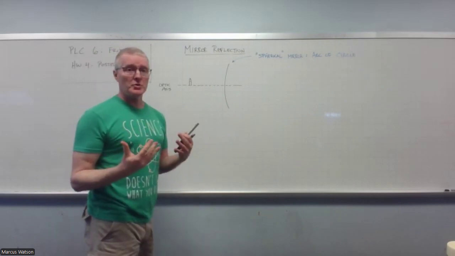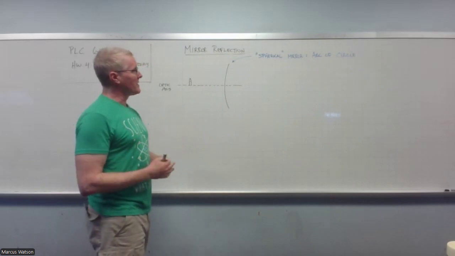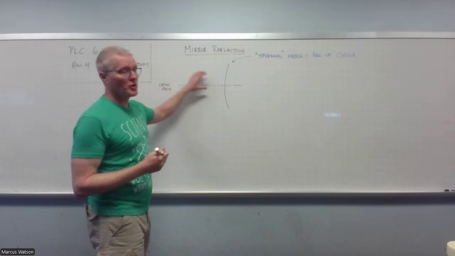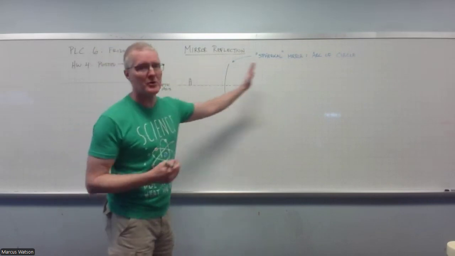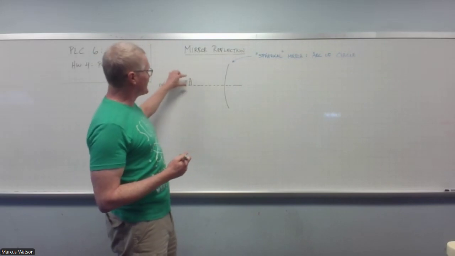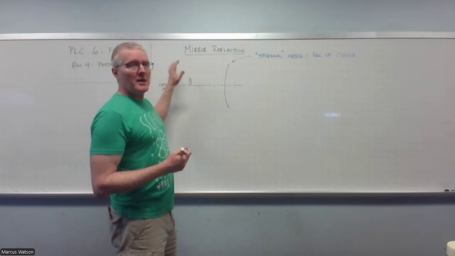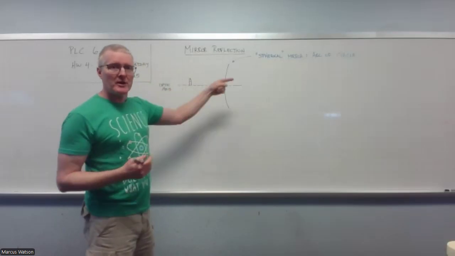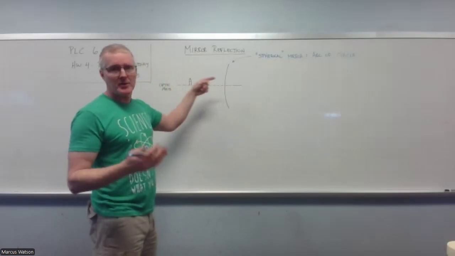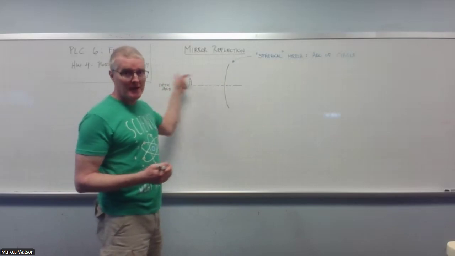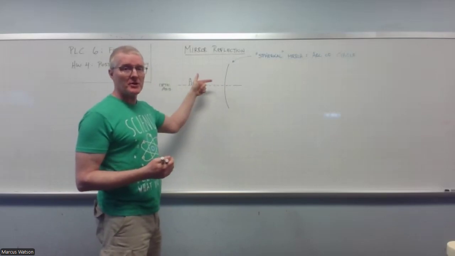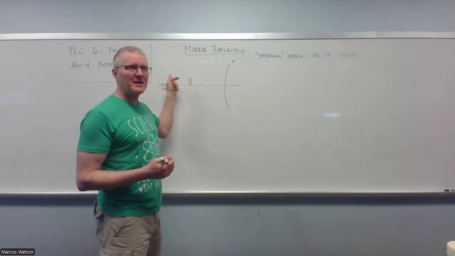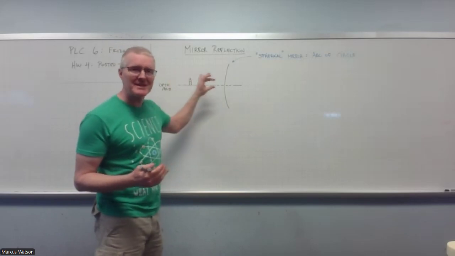What we're going to do is assume that the curvature has a big radius, okay? And we're going to assume this height is fairly small so that the rays of light emitted by this thing that we're going to draw hitting the mirror can be imagined to be very close to this axis.